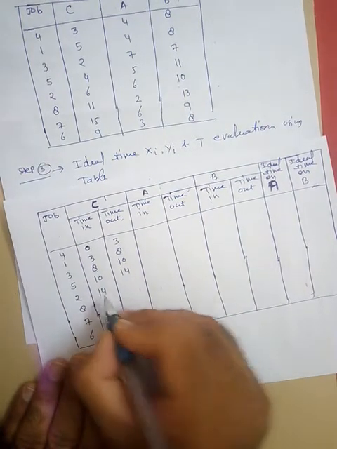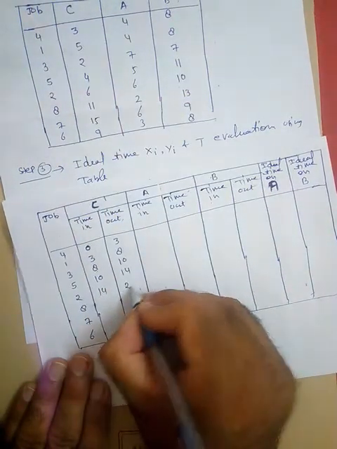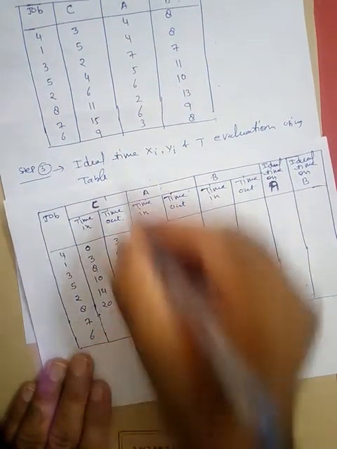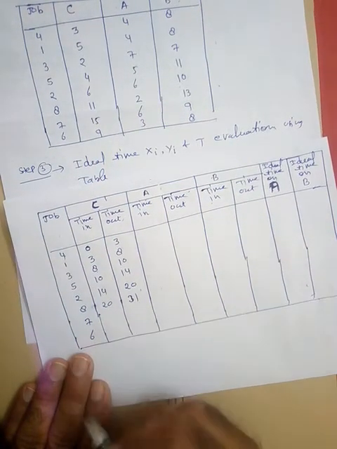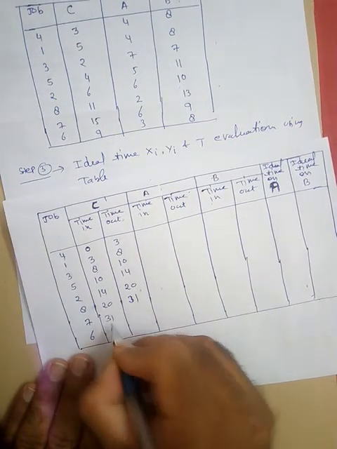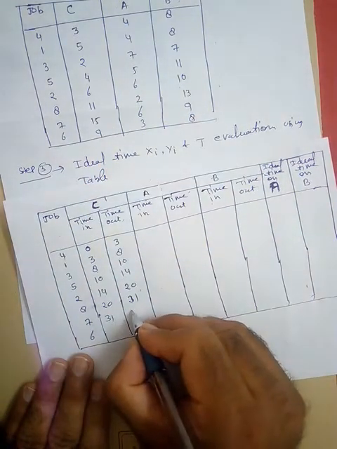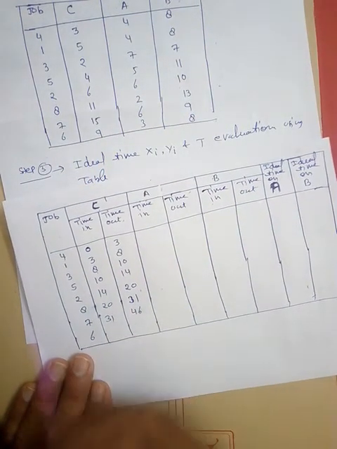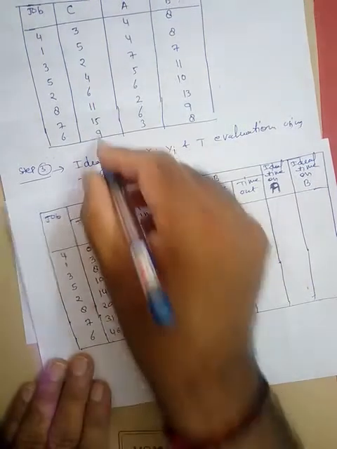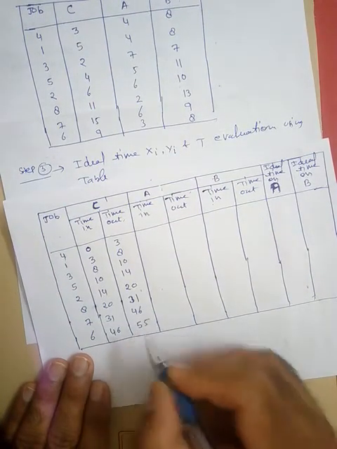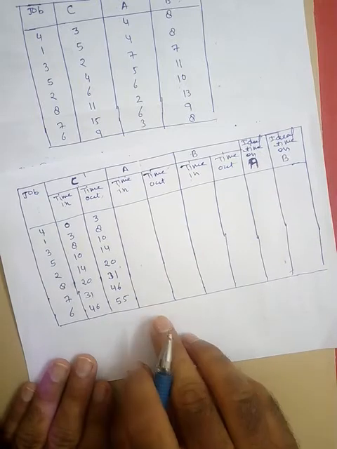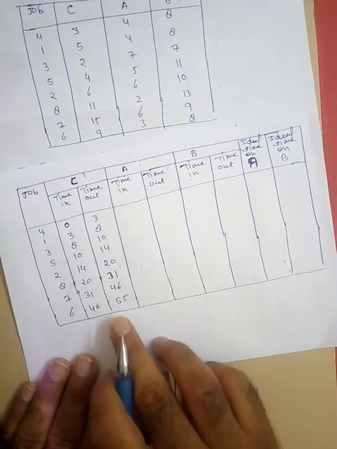Then start with 14 and it will take 6 hours, so 20. Then start with 20 and this will take 11 hours, so this will be 31. Then start with 31 and this will take 15 hours, so this will be 46. And then 46 and then take 9, so this will be, I think, 55. So this will be the total elapsed time on machine A.